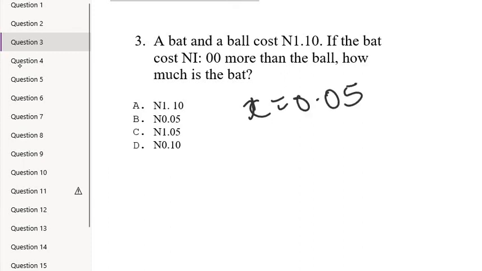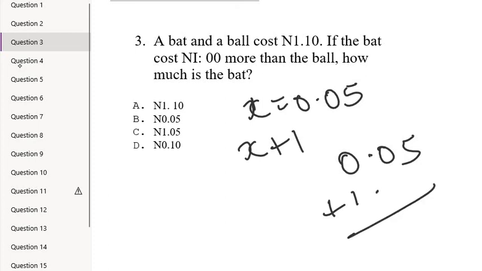And the bat is x plus 1, because the bat costs 1 more than the ball, since the ball is x. Since x is 0.05, the bat will be 0.05 plus 1. 1 is a whole number, it has to come before the decimal point. I can add zeros here, so 1.05 is the cost of the bat, which is C.